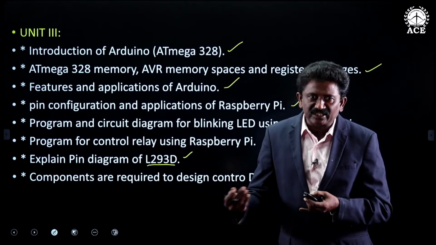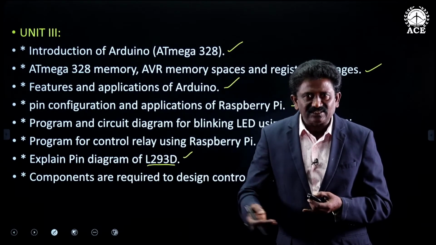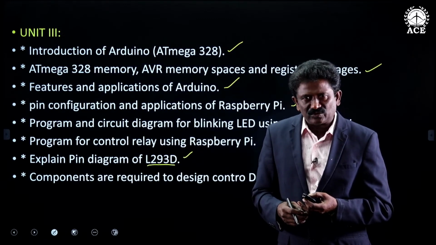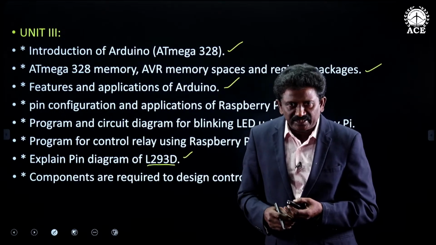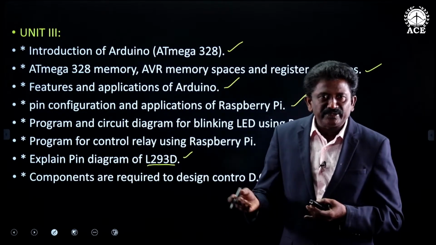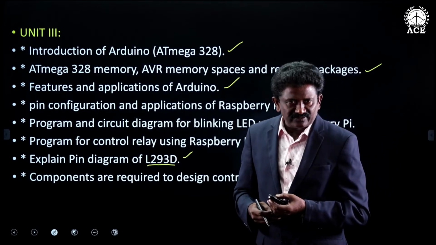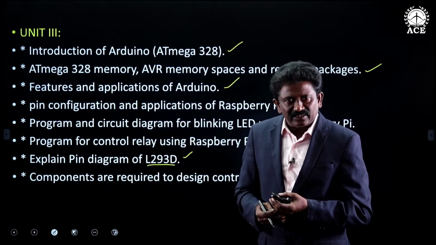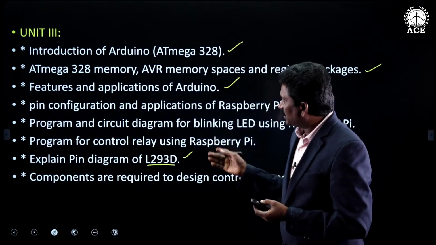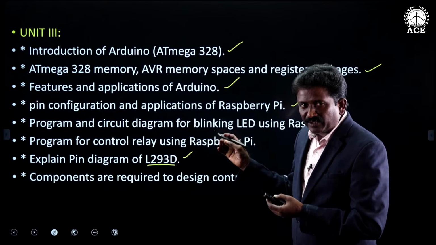In the same way you can communicate with other devices with the help of the latest communication protocols. Using ESP32 and ESP8266, we are able to communicate with other devices also, with the help of Wi-Fi and Bluetooth. So this is some idea about Arduino.